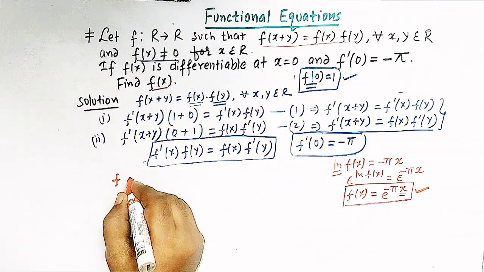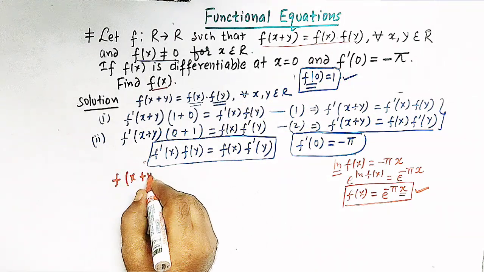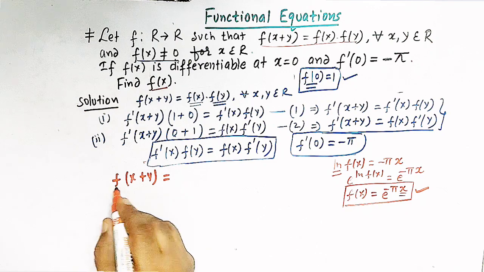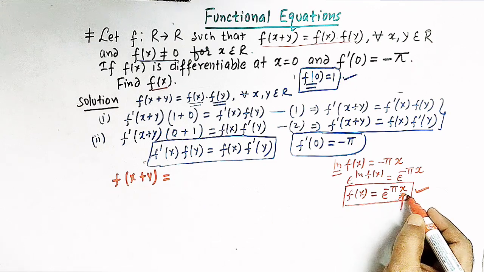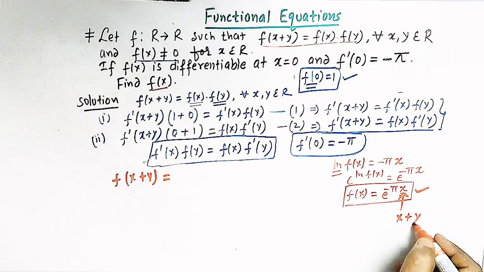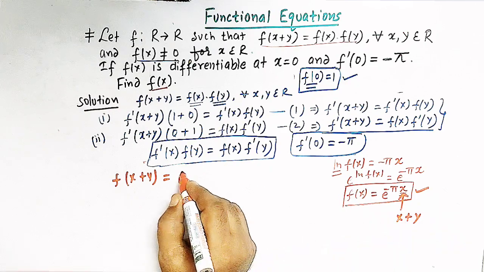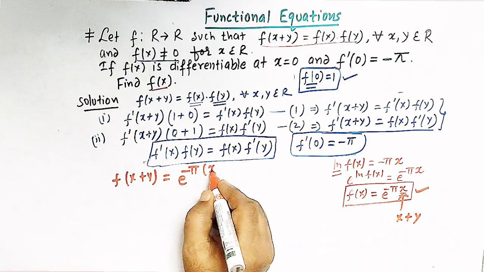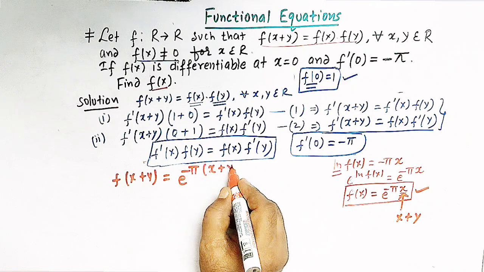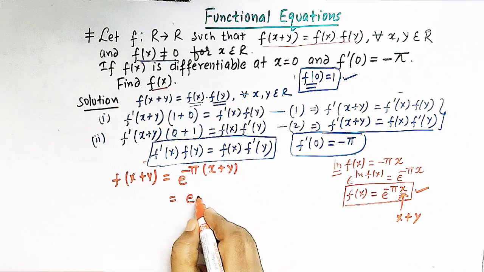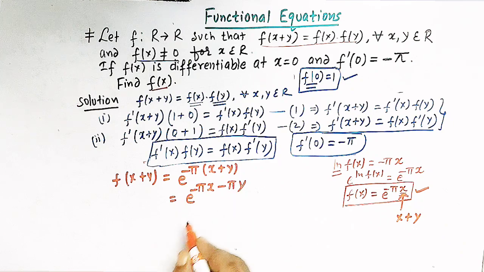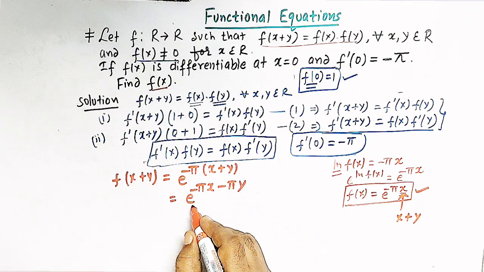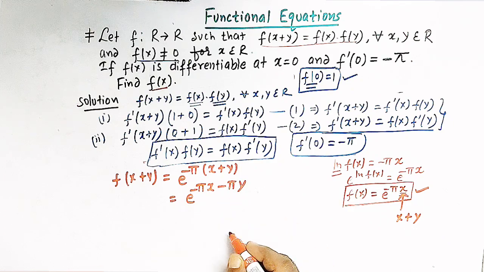So let us find out f of x plus y. So f of x plus y can be obtained by replacing this x by x plus y. So we have e raised to minus pi, and here we have x plus y. So this is e raised to minus pi x minus pi y. Now see, the exponential function obeys the laws of exponents.